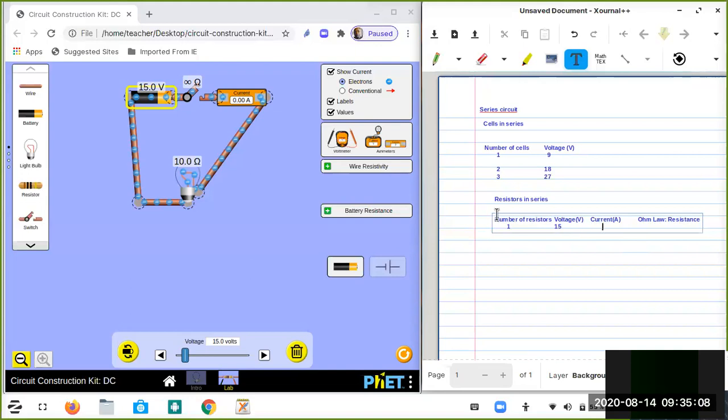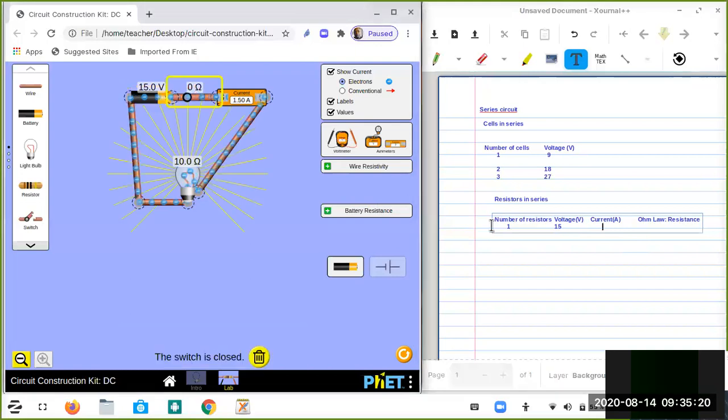Since it is 15 volts, how much is the current flowing through the circuit? We can see there that the current is 1.5. That's the current. Then how much is the resistance?